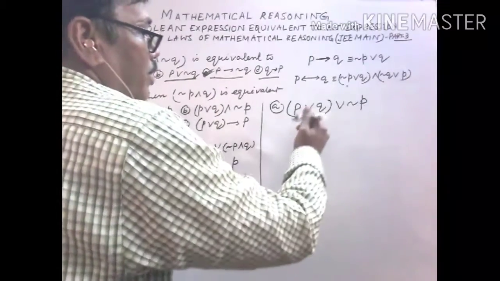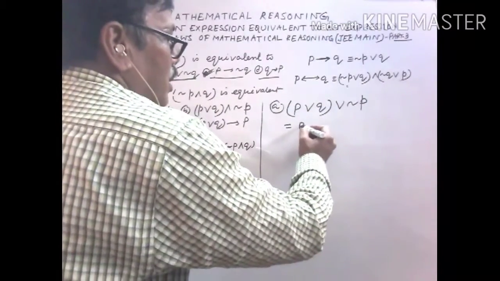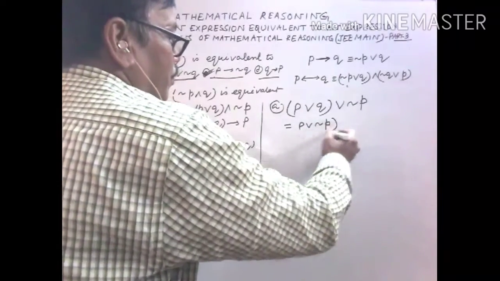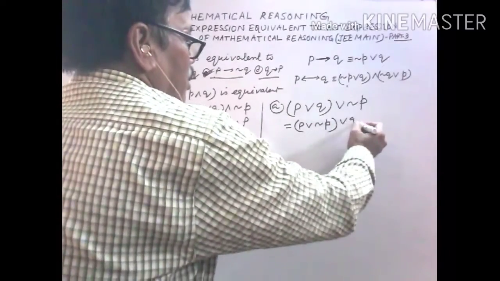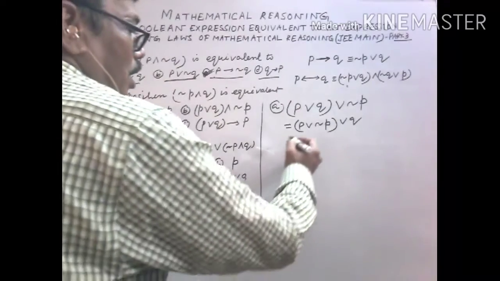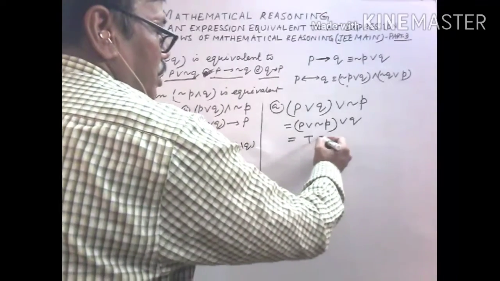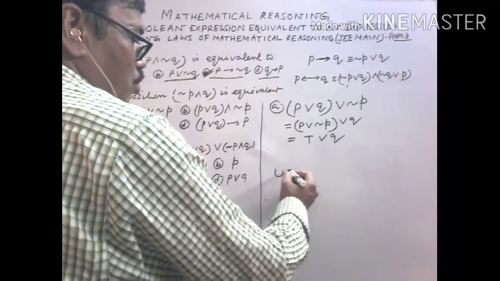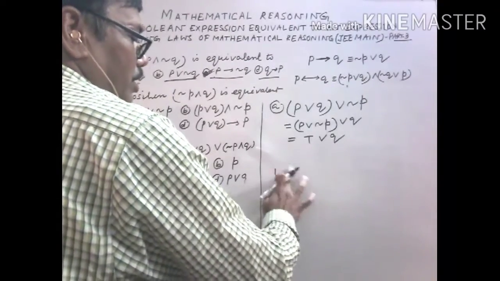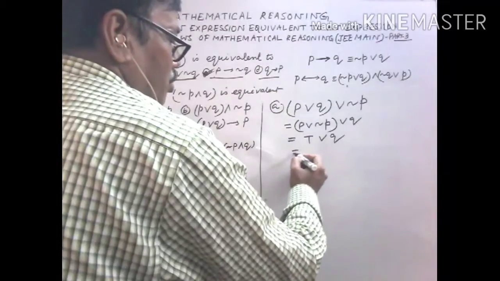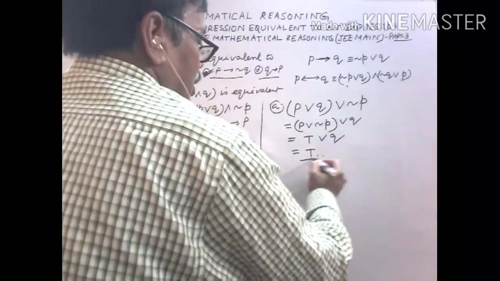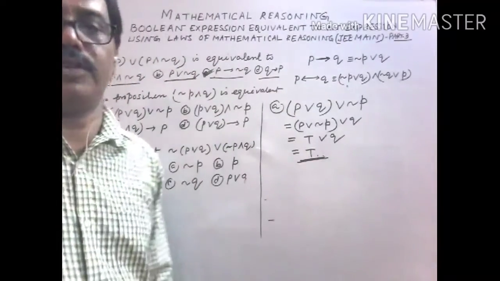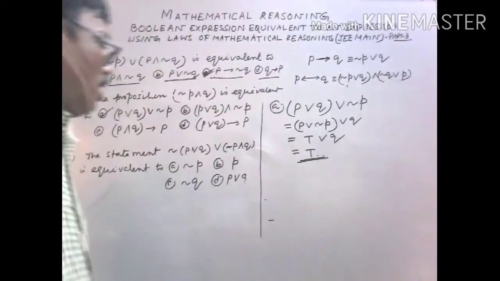So we can use the associative law and change position. Now this is a tautology. U, the universal set, union a smaller set equals the greater one. So this is T. The first one is T, which means tautology.